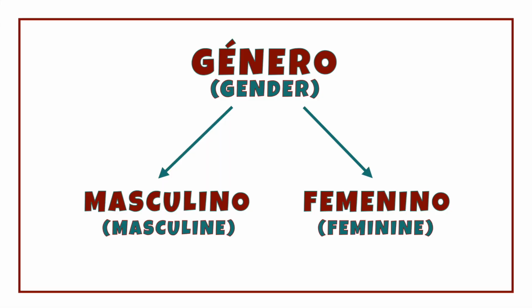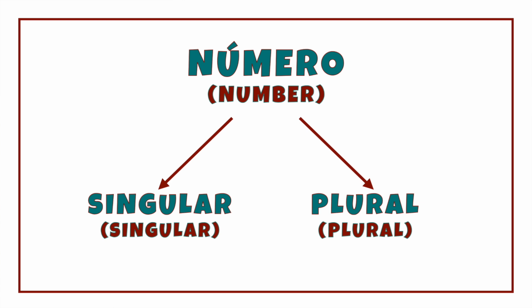Articles in Spanish, as with all Romance languages, vary in form to indicate gender, masculine or feminine, and number, singular or plural. The genders of most Spanish nouns have unfortunately to be learned, just as learners of English have to learn how to spell individual words.